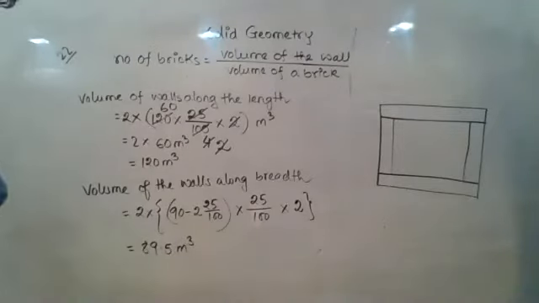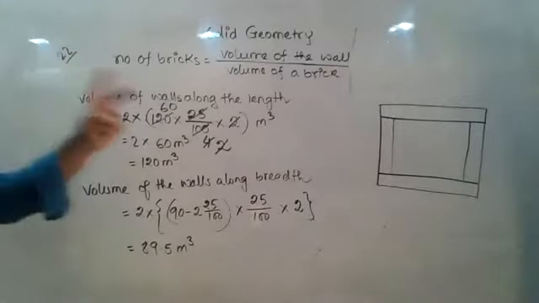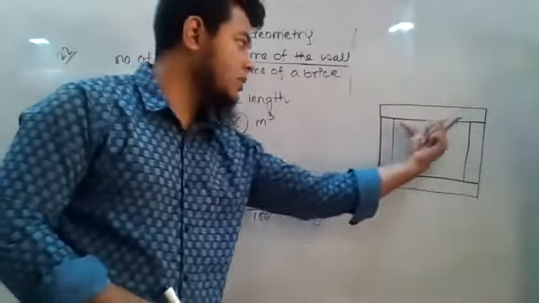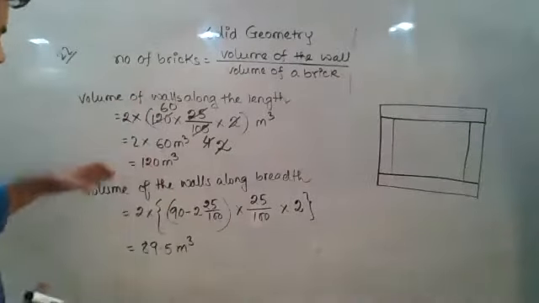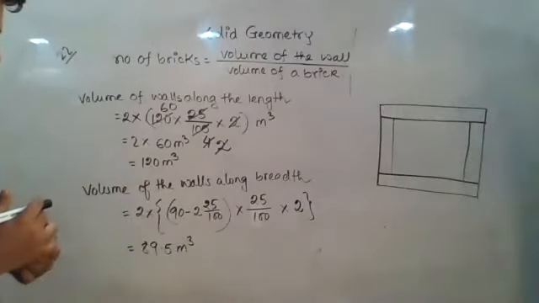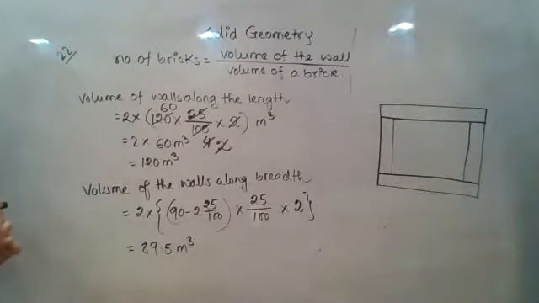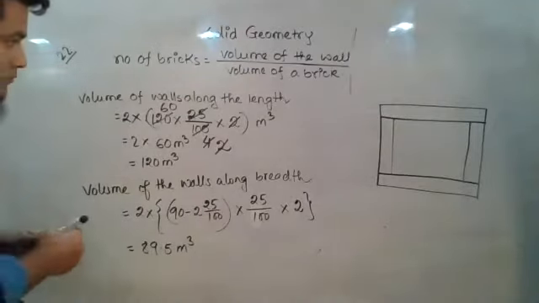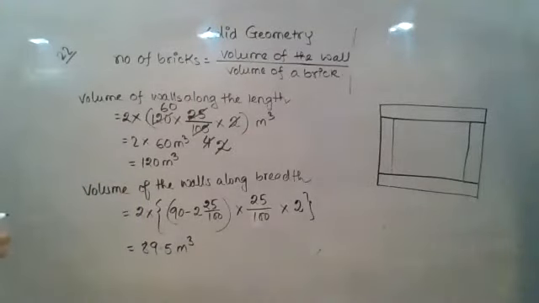Yes, sir. Okay. So we find the volume of the two wall along the length and two wall along the breadth. So what will be the total volume? If I add these two, then I will get the total volume of the wall, right? But it's not same like the previous one. Why?